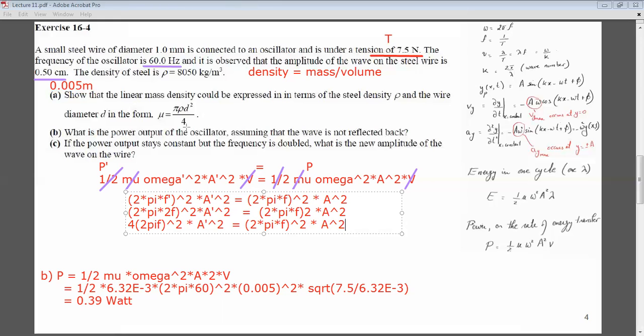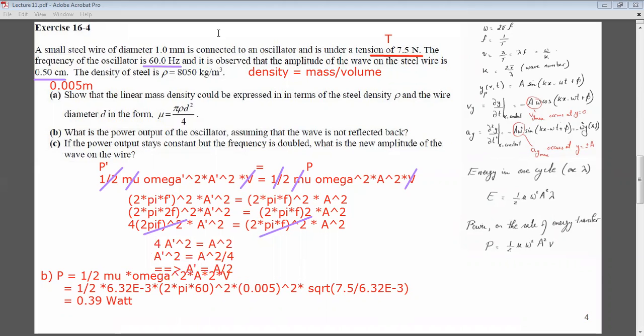Now I can cancel this (2 pi f) squared with (2 pi f) squared. So I will be left with 4 A prime squared equal to A squared, or A prime squared equal to A squared over 4, which implies A prime is equal to A over 4.